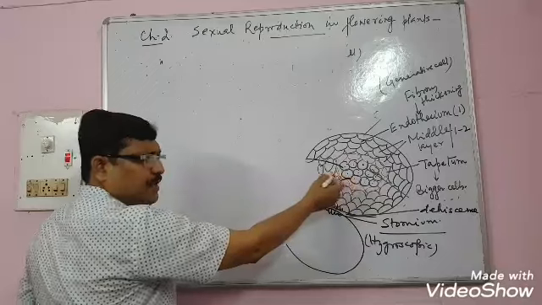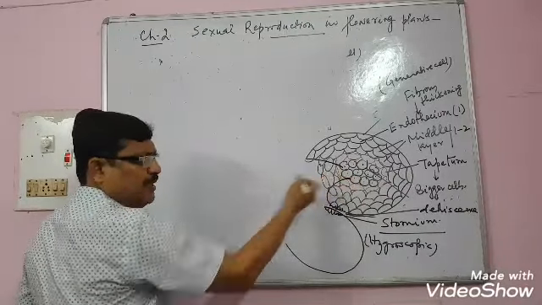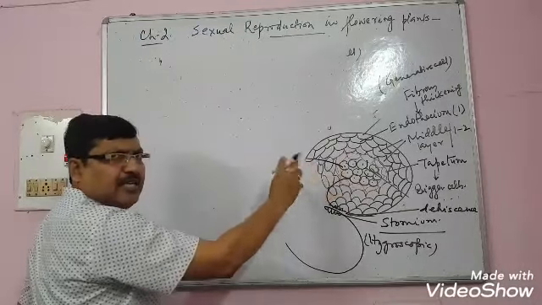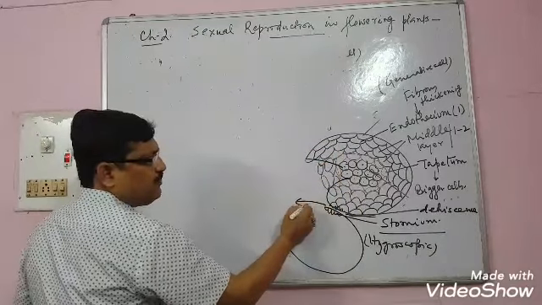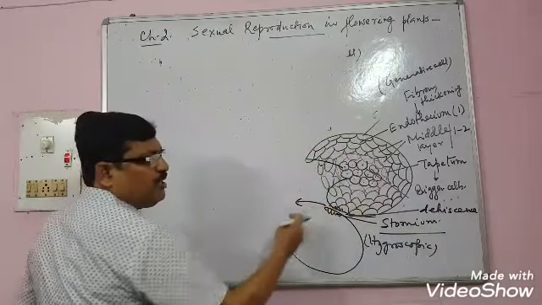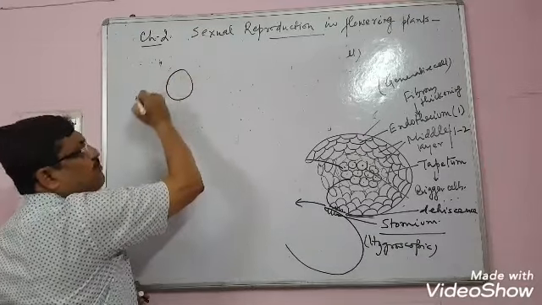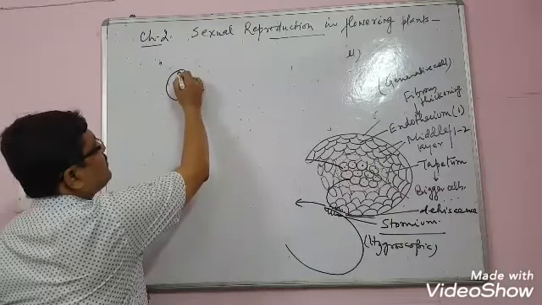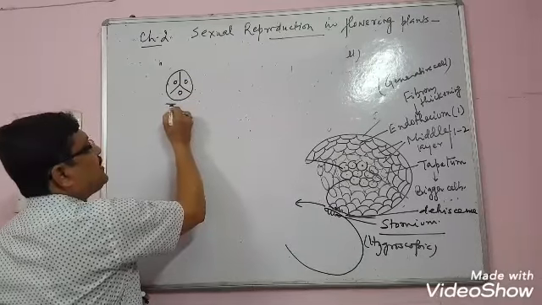Now, just these sporogenous cells, which is already termed as the spores. So when these spores will come out through this point of dehiscence, the spores are basically tetrad in organization. Means it will arrange like this. This is the tetrad.